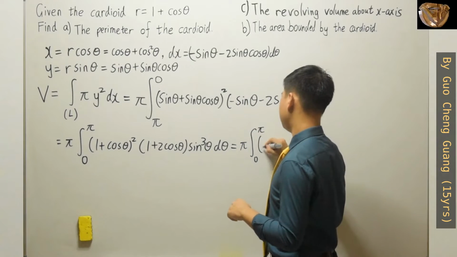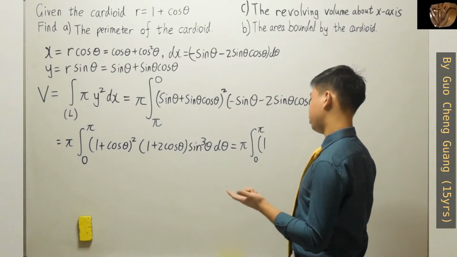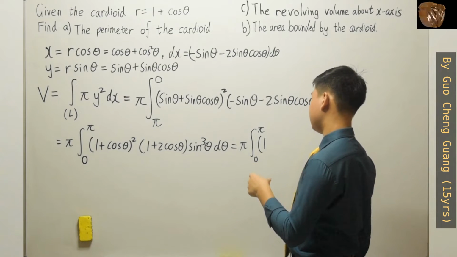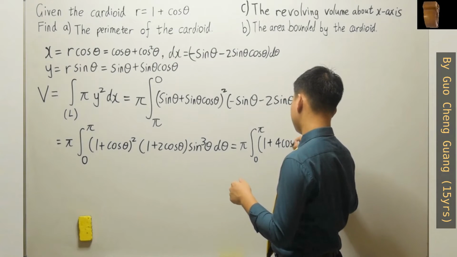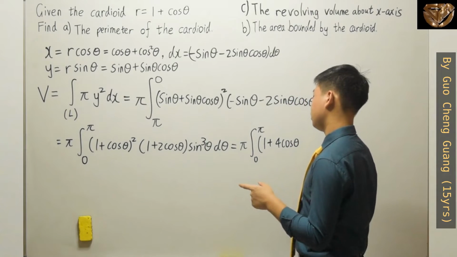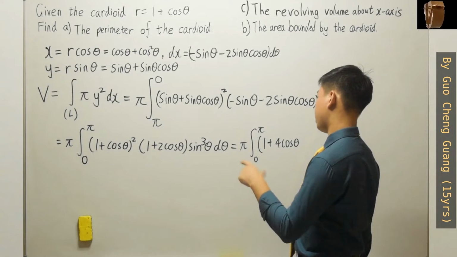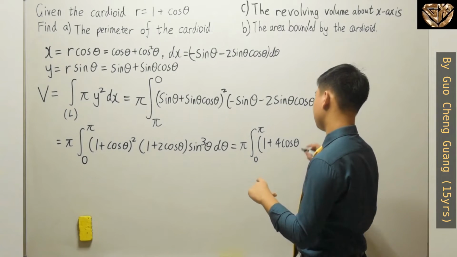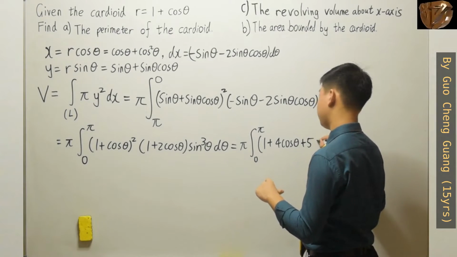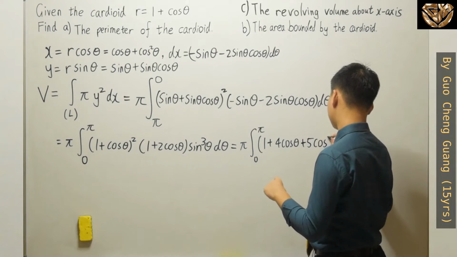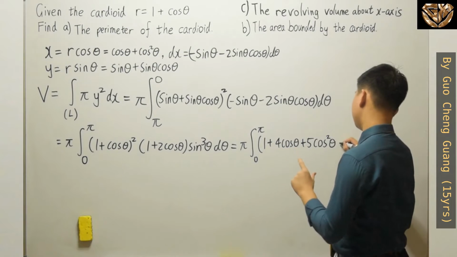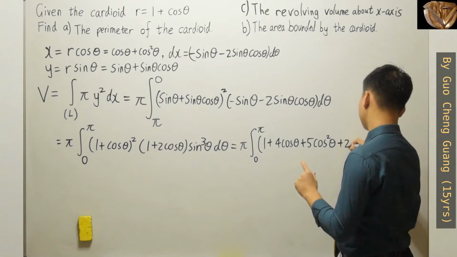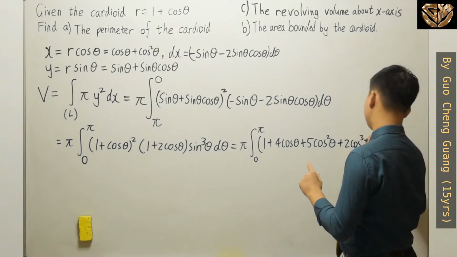So 1, then you have 2 cosine theta, which will have 4 cosine theta, and then you have a squared term, which is 5 cosine squared theta, and then the cubed term, which is 2 cosine cubed theta.